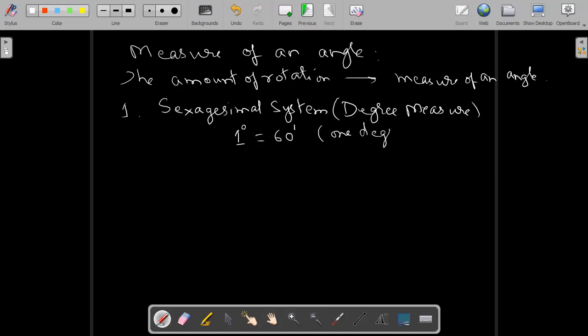1 degree is equal to 60 minutes. This minute is not the minute we use for time.